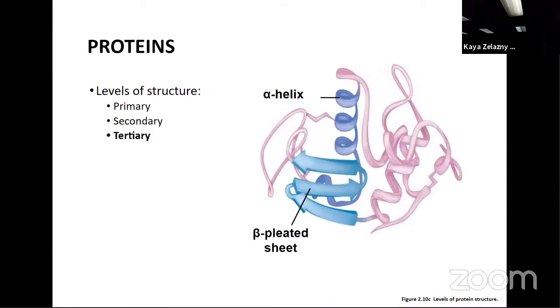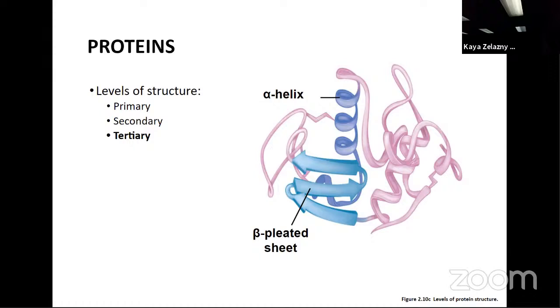And our tertiary structure, tertiary just meaning third, and we actually just name these 1, 2, 3, 4. Our tertiary structure is when we start to have more crumpling. So this is going to be less predictable. We're not going to have a number of different named shapes that our tertiary structure is forming.